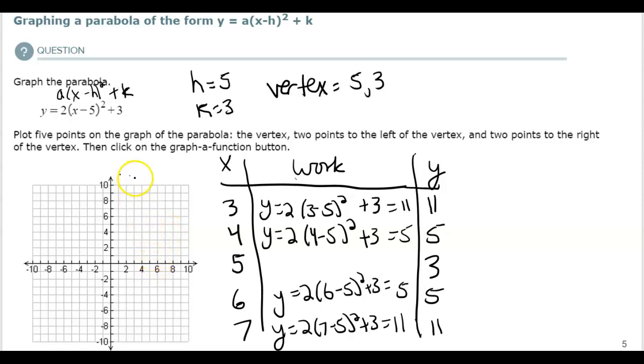Okay, this is what this graph would end up looking like, and I would have my vertex, my 2 points to the left, and my 2 points to the right.